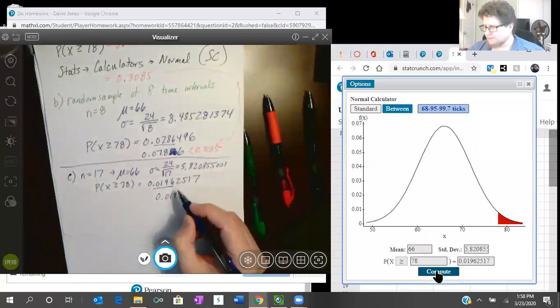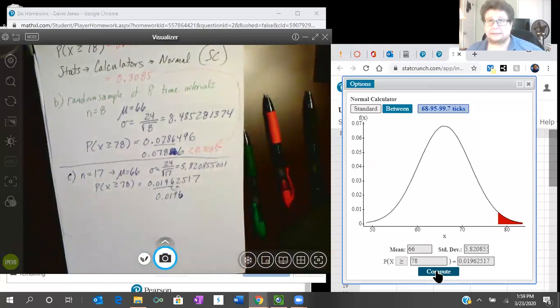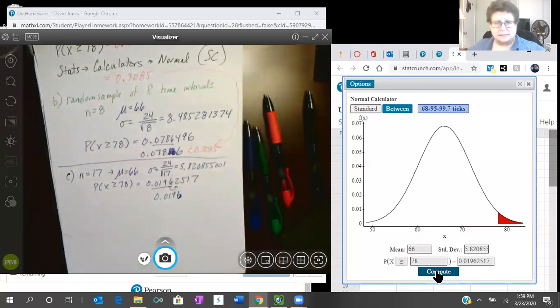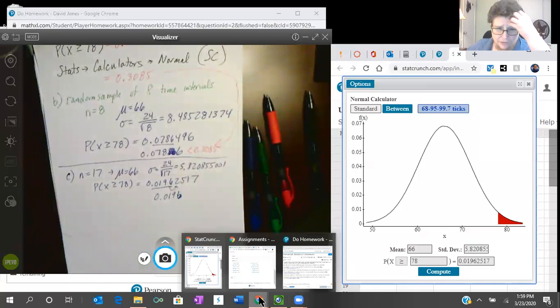Remember the rules of rounding. Always look to the number to the right. Okay? So hopefully you're pausing and doing as you need to take notes and follow along. Rewind if you need to.